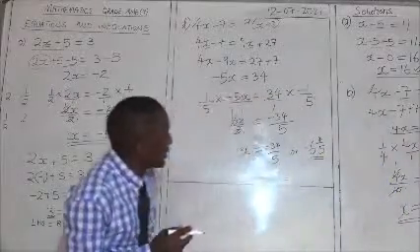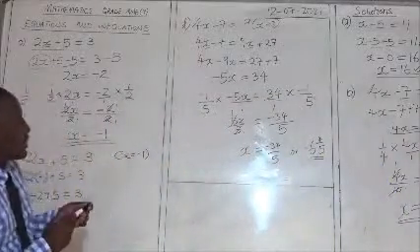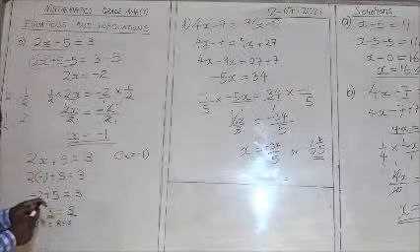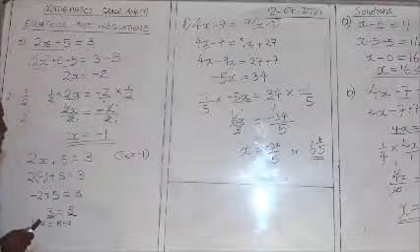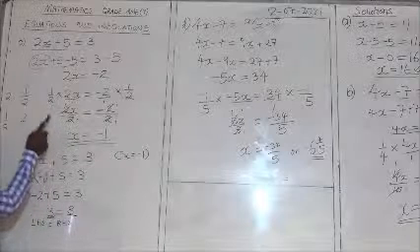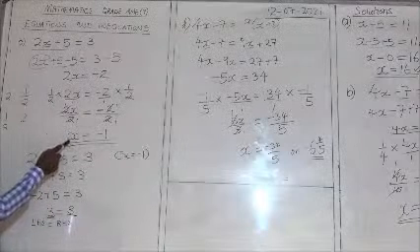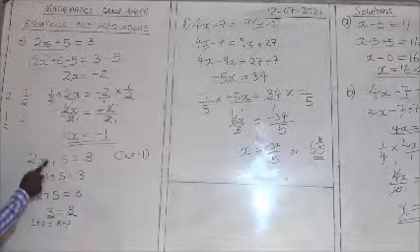For these linear equations, when you look at the final answers, the final answer is just one answer. For linear equations, you only have one answer. For instance, for this C, the final answer is x is equal to negative 1.